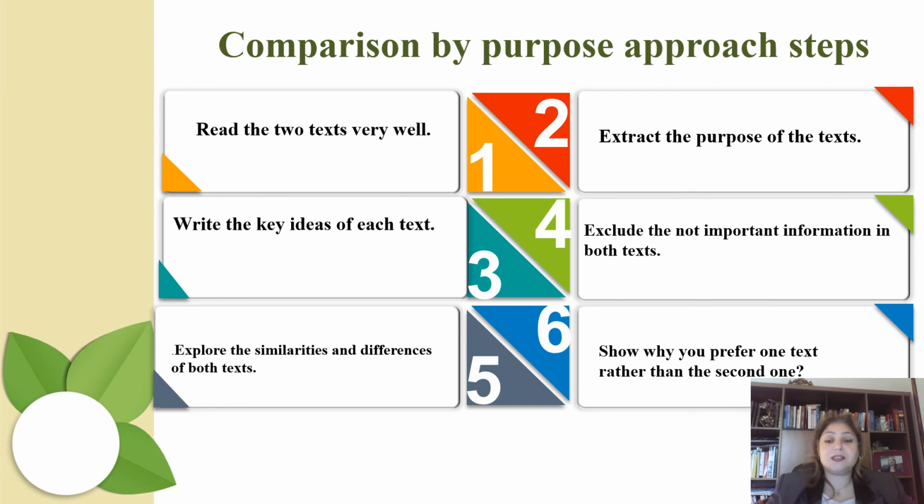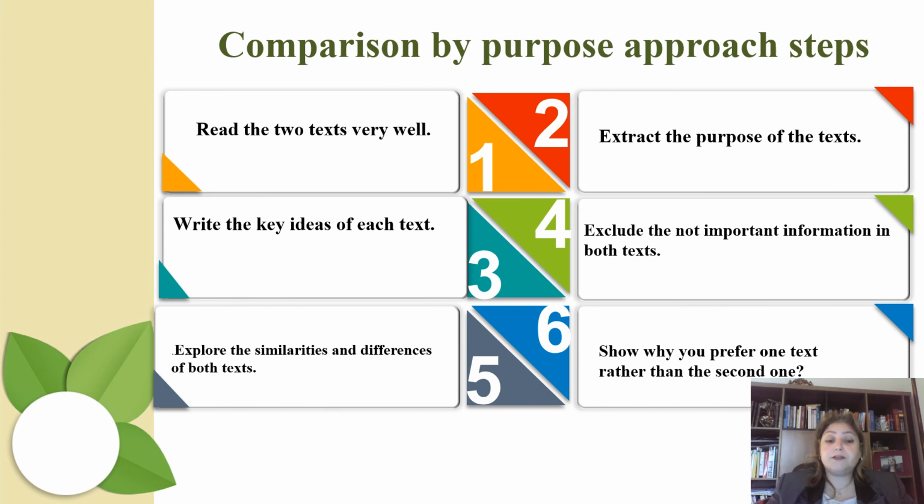So we have six steps here in the comparison by purpose approach. The first step is read the two texts very well. The second, extract the purpose of the texts. The third step, write the key ideas or the important ideas of each text. The fourth step, exclude or eliminate or delete the not important information inside the two texts.